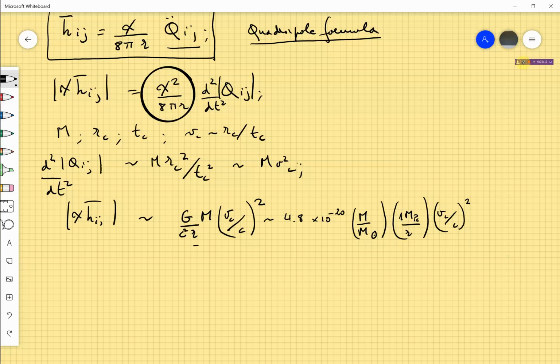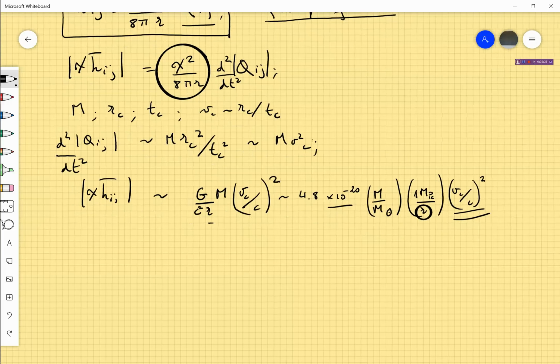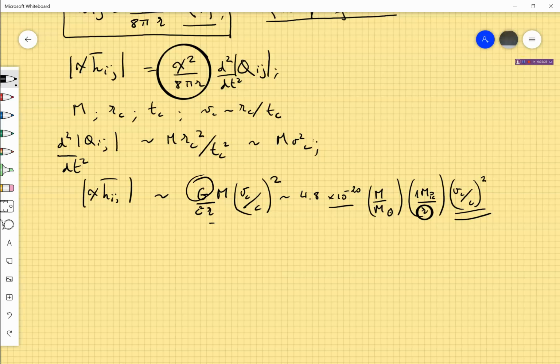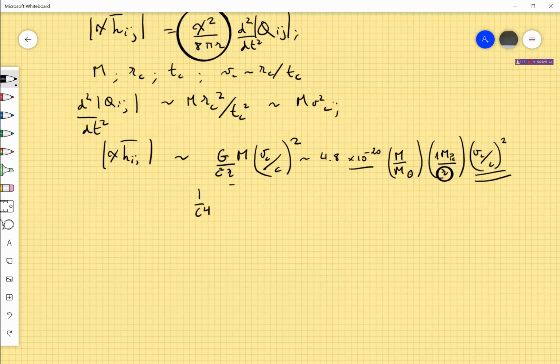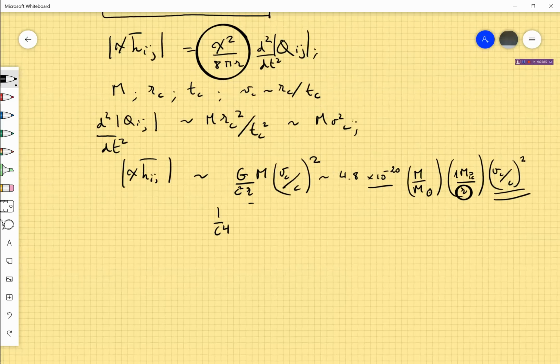This number is so small that you see the distances will typically be larger than a megaparsec. A megaparsec is the size of the local group of galaxies, so something has to be much larger in order for this effect to be detected. Gravitational waves are very weak because G is very weak, and also because this comes with a 1 over c to the 4 here, which is also very small.